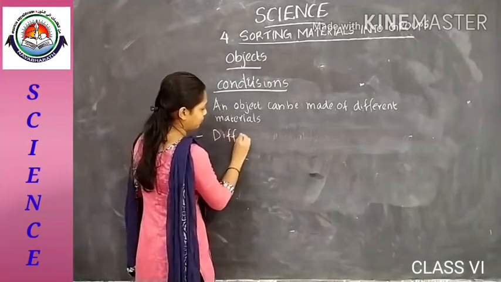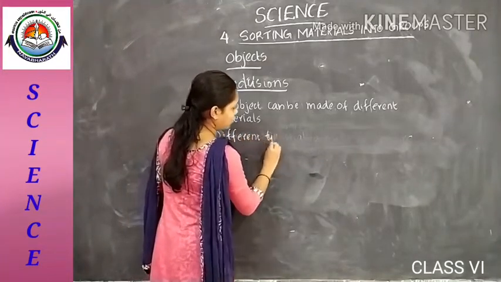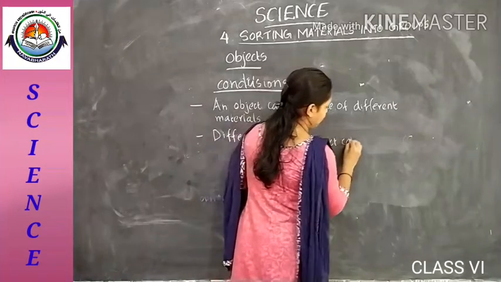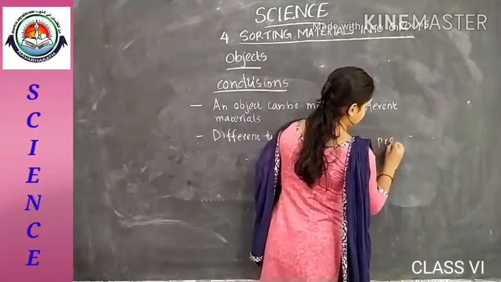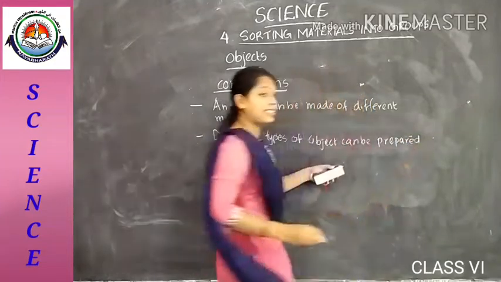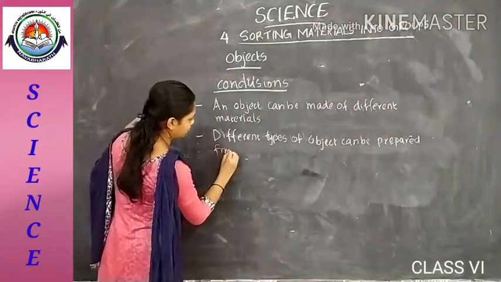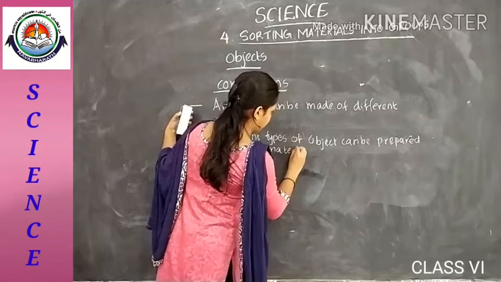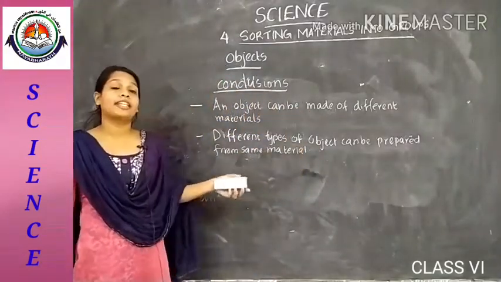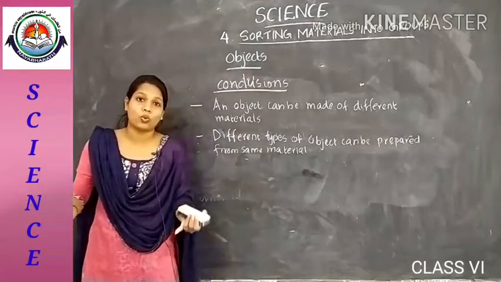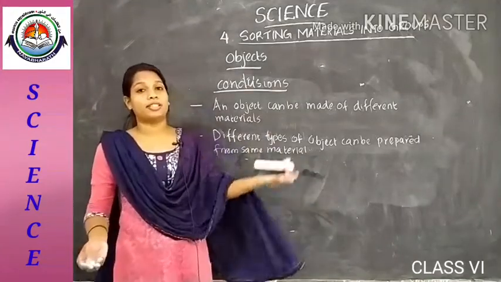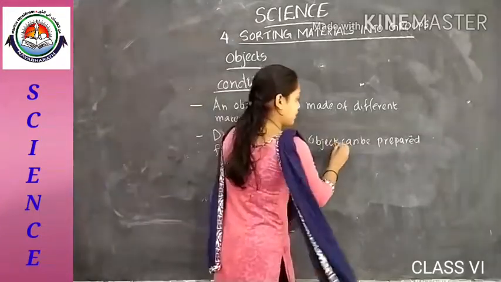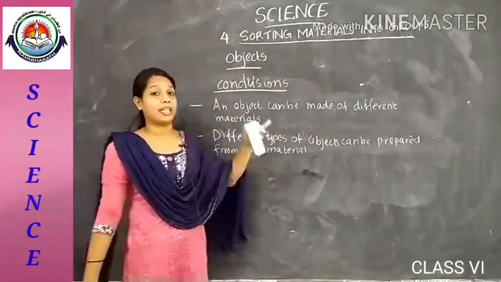Okay, different types of objects can be prepared from the same material. In the case of plastic, we can prepare different objects like plastic toys, plastic utensils, then plastic chairs, etc. So, different types of objects can be prepared from the same material.